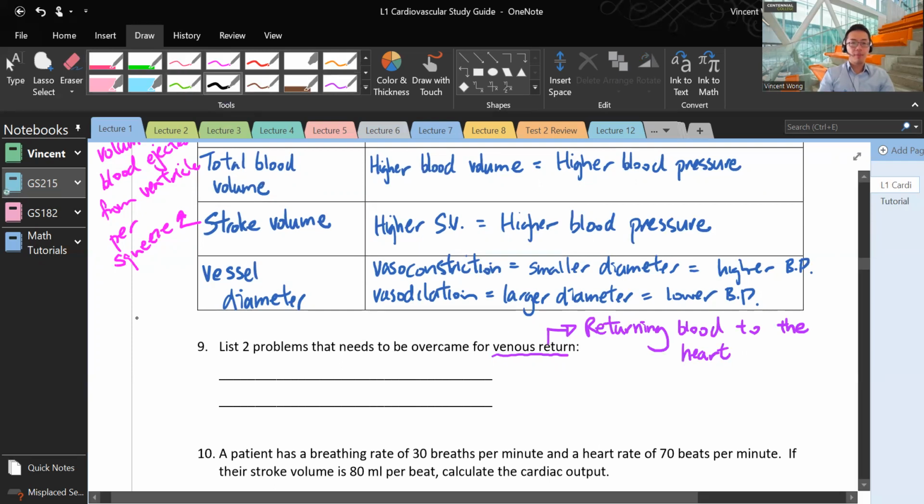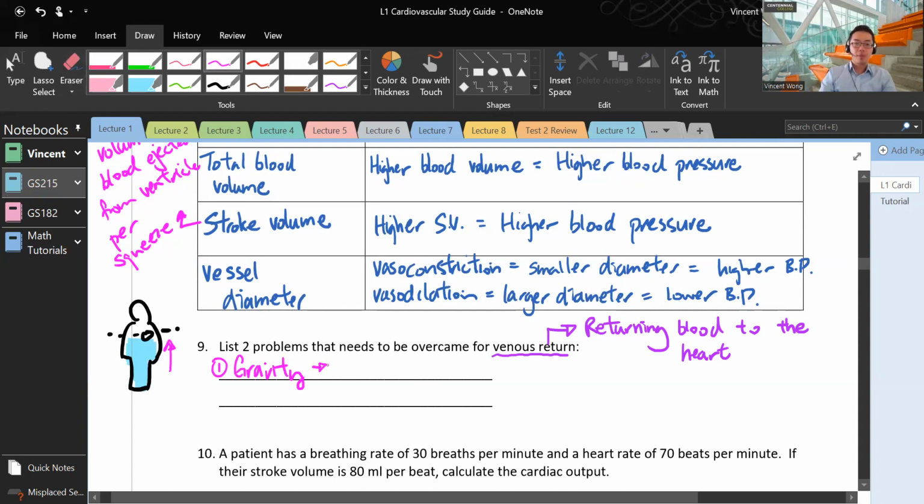So we've got a bit of a problem when we try to take the blood back to the heart. And again, here is the generic human. The heart is right here. So that means all this blood that's below the heart is going to need to go against gravity in order to return to the heart, right? So that's the biggest problem. Number one, gravity. Okay, how do you go upwards against gravity, right?